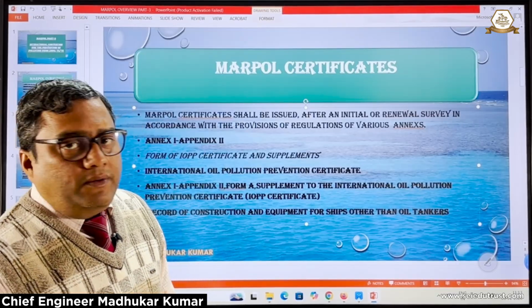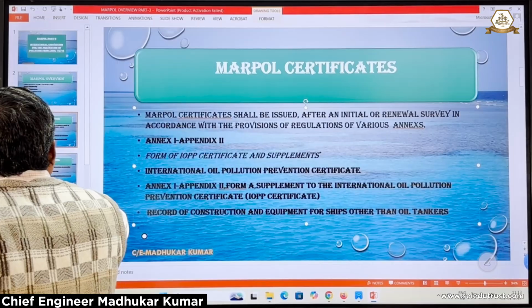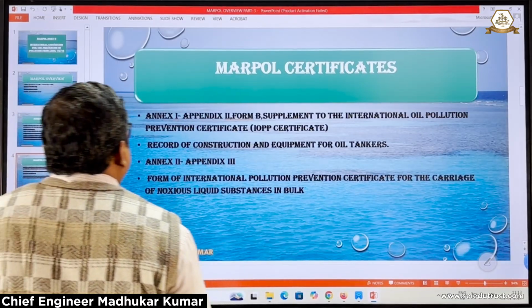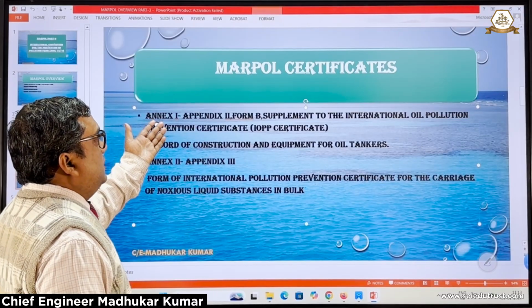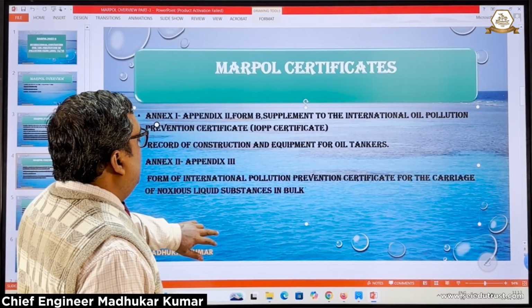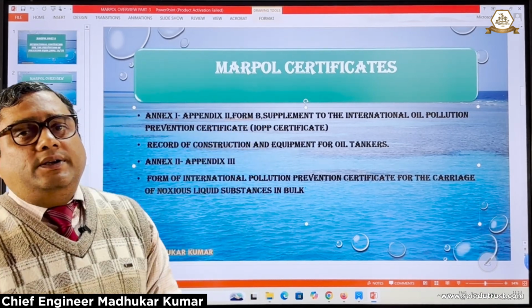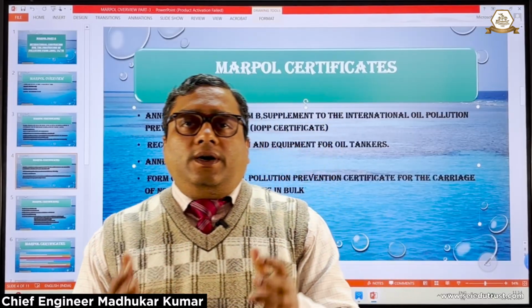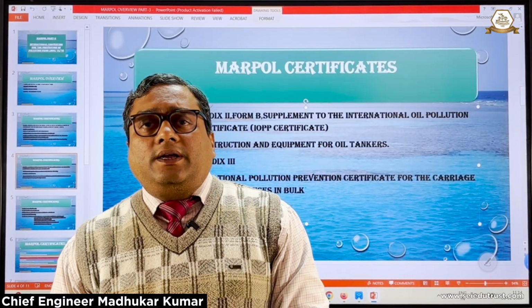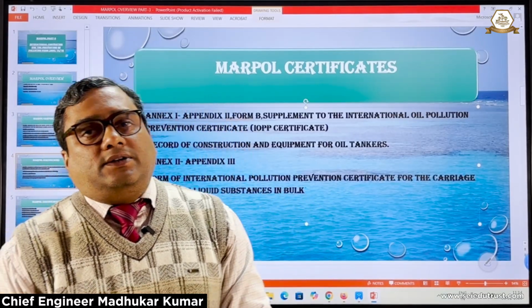Okay, now I will take you to another slide. Here you can see the third part, again in annex 1, appendix 2, form B. Form A, as we have already seen, is the IOPP certificate supplement for ships other than oil tankers, and form B is for oil tankers.